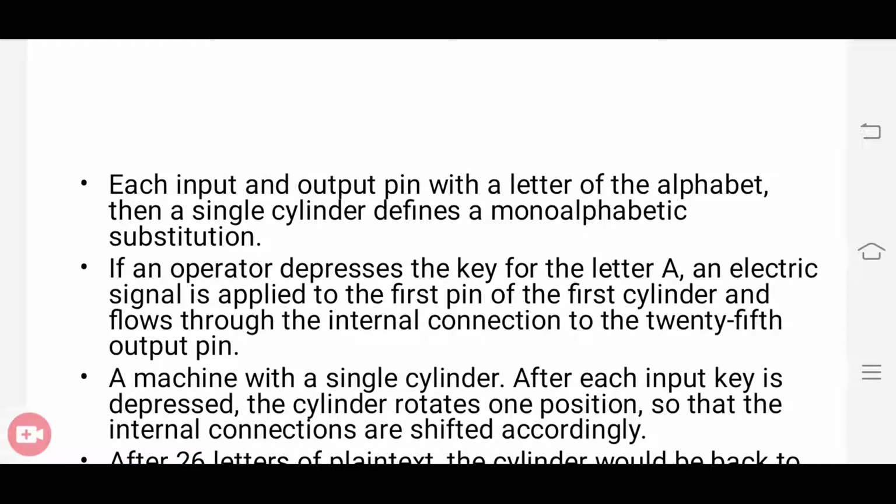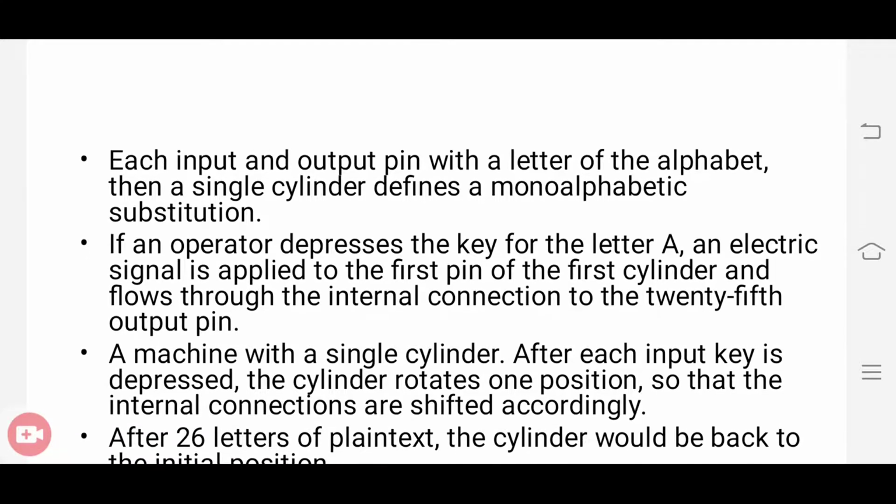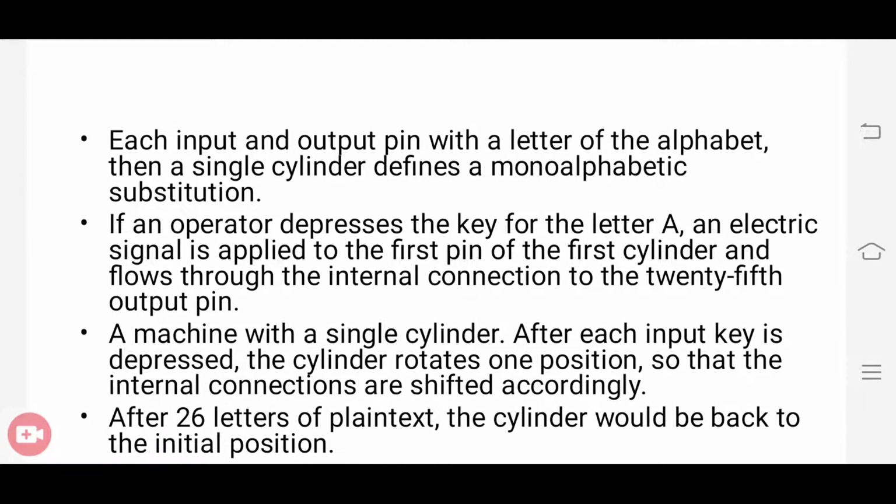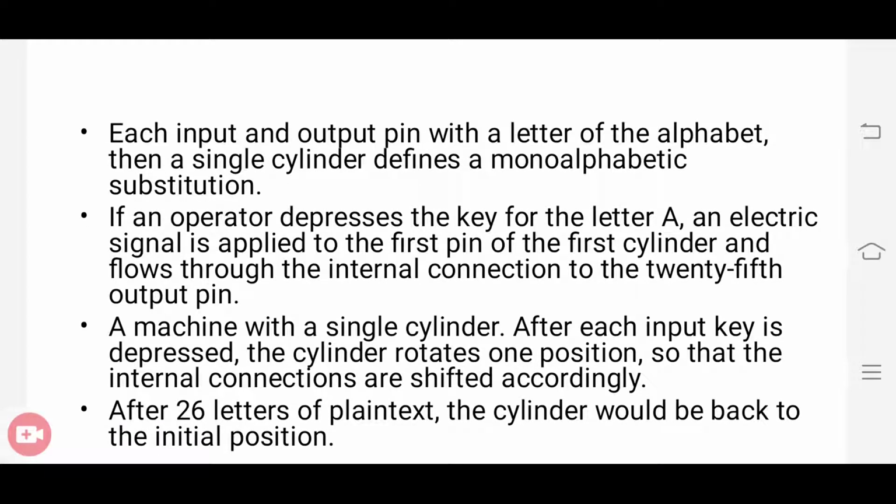So if an operator depresses a key for the letter A, an electrical signal is applied to the first pin of this first cylinder and flows through the internal connection to the 25th output pin, in a machine with a single cylinder. After each input key is depressed, the cylinder rotates one position so that the internal connections are shifted accordingly. After 26 letters of the plain text, the cylinder would be back to the initial position.